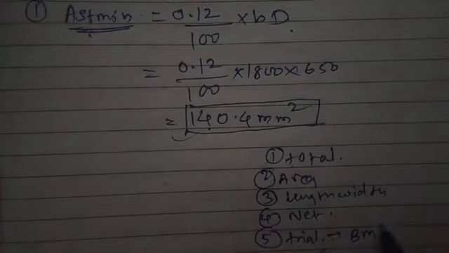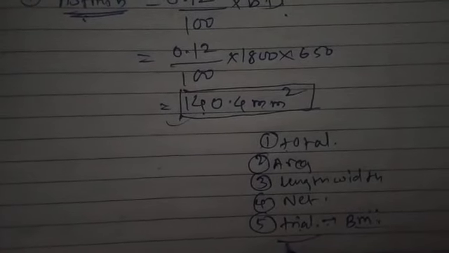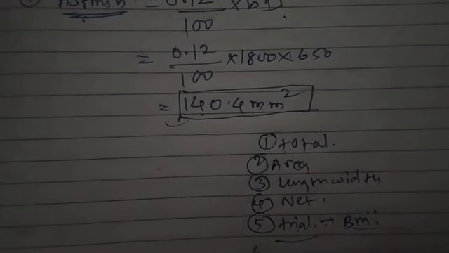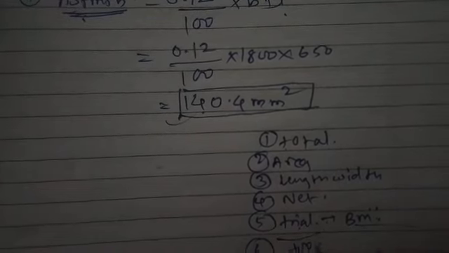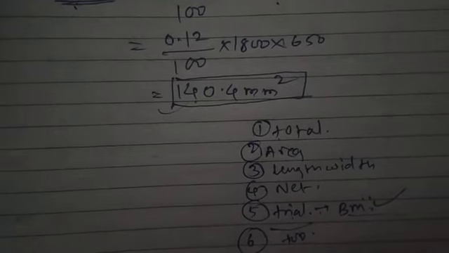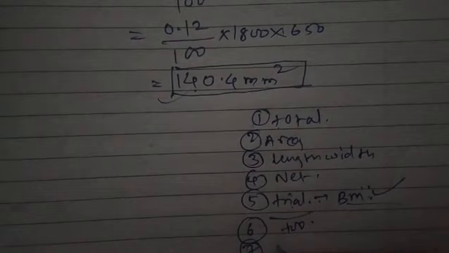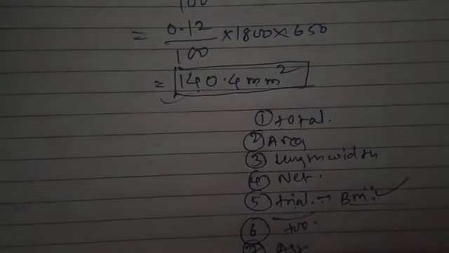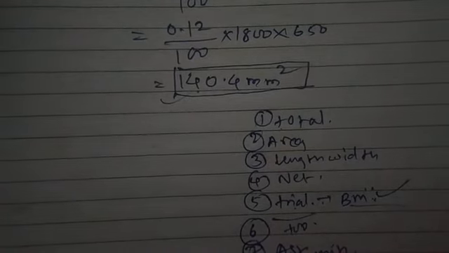Then we have calculated trial depth for the maximum value of these three. After that we have taken the check of two-way shear, that is punching shear, for the calculated trial depth from bending criteria. If it is found safe, then we have moved towards the calculation of area of steel. First of all, we have calculated AST minimum value. Now I will explain the next step in next video.